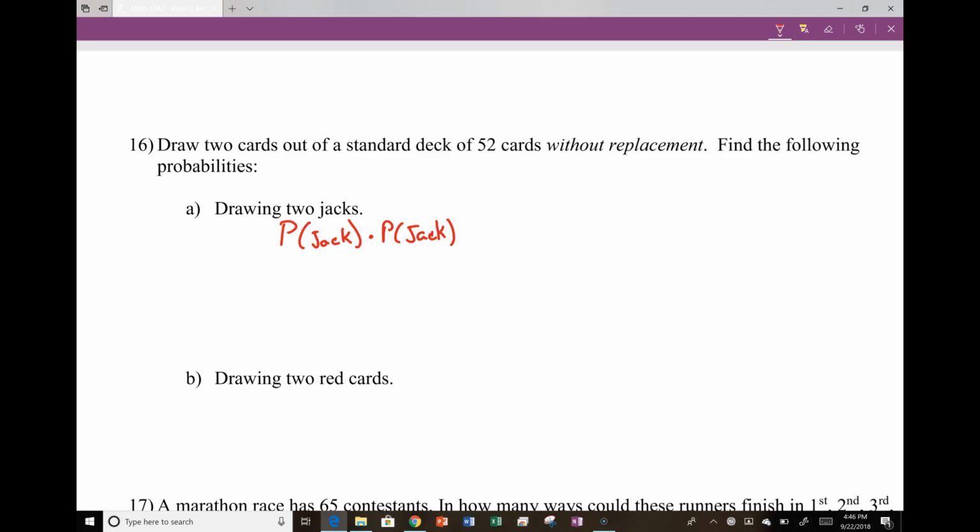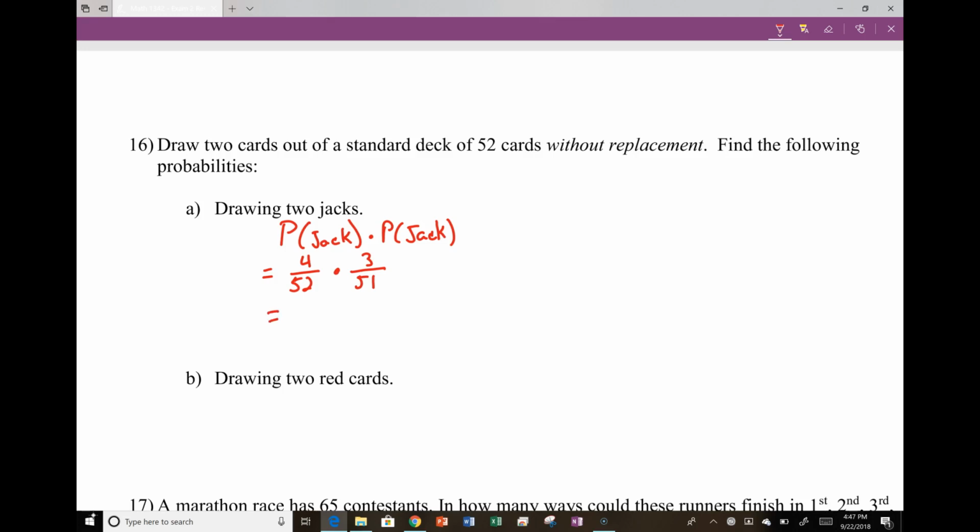But we have to remember that this was without replacement. So there are 4 jacks in a deck of cards out of 52. This is my first card. My second card, I did not replace this particular one, and I'm wanting it to be a jack. So now there are only 3 jacks left in the deck of cards out of 51.